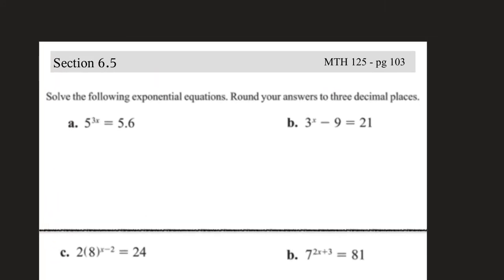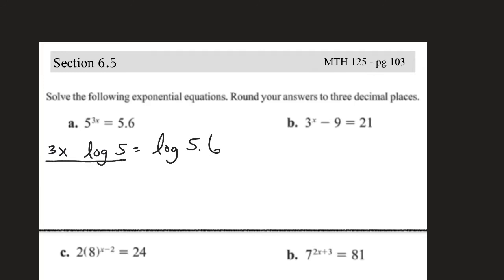Solve the following exponential equations and round your answers to 3 decimal places. So when I'm looking at A, I just look at that and I think I am going to take the log of both sides. So if I did that, I would have 3x log of 5 equals the log of 5.6.